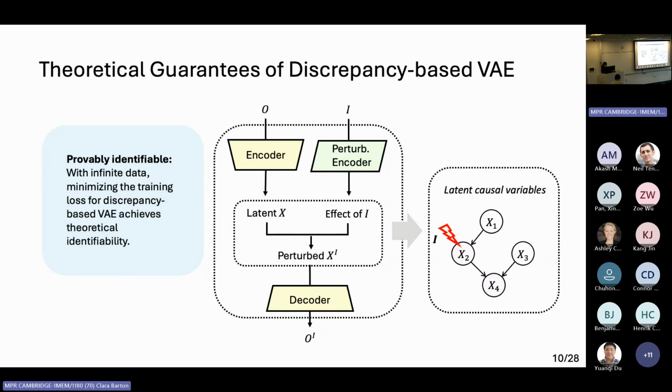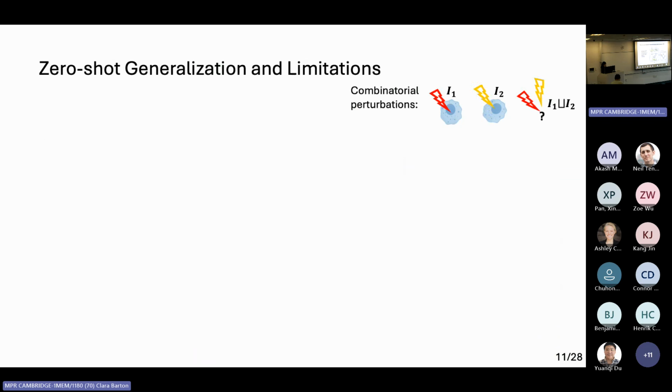And then what can we do with it once we have this network trained? I want to say a few words. One thing you can do is perform predictions of combinatorial perturbation effects. As in this illustration, you might have perturbations of, say, gene 1 on a group of single cells, and then perturbation of gene 2 on a group of cells.